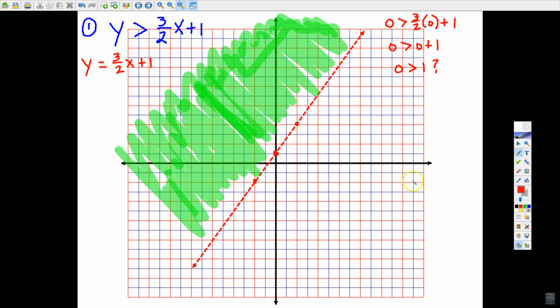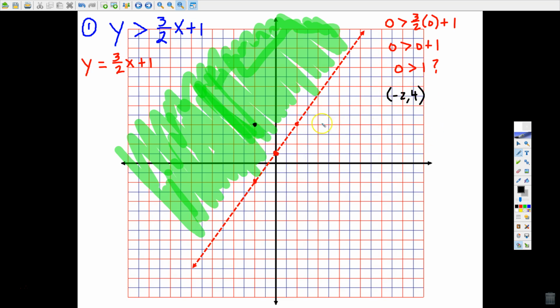So let's just do an example of that. Let's take any point we want that's on the upper side or the shaded side of this boundary line. So here is the point (-2, 4).